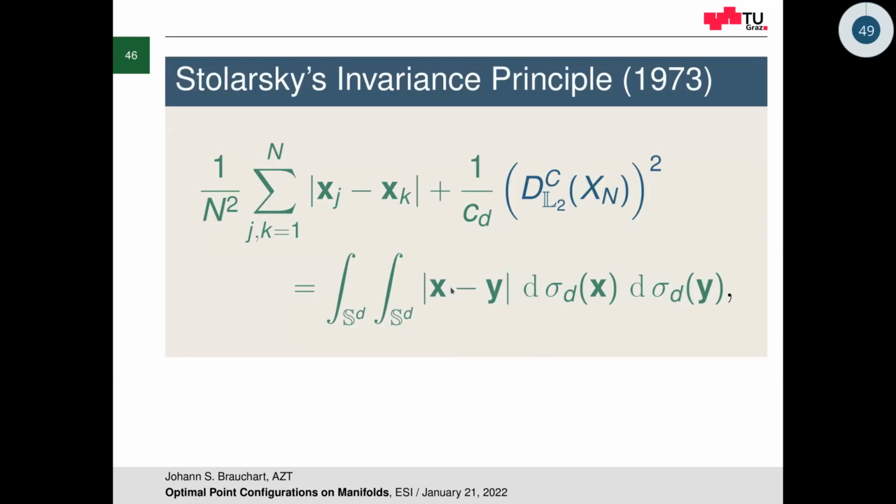And the other one is, of course, the ultimate question. Is it possible to get the best possible or even an improved bound for the L2 discrepancy of a sequence of constructible point sets on the unit sphere?